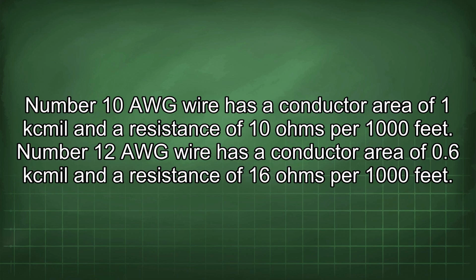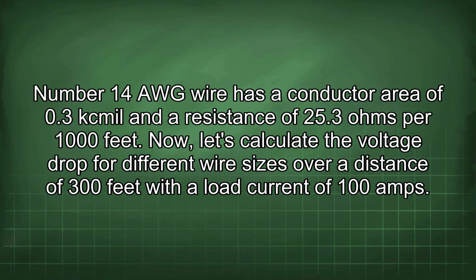Number 10 AWG wire has a conductor area of 1 kcmil and a resistance of 10 ohms per 1000 feet. Number 12 AWG wire has a conductor area of 0.6 kcmil and a resistance of 16 ohms per 1000 feet. Number 14 AWG wire has a conductor area of 0.3 kcmil and a resistance of 25.3 ohms per 1000 feet.